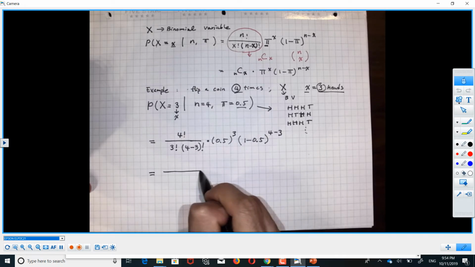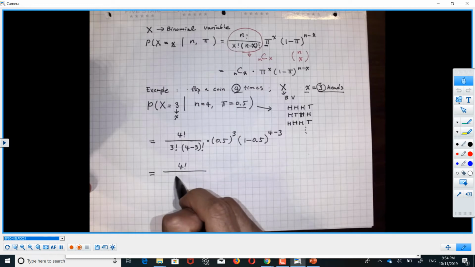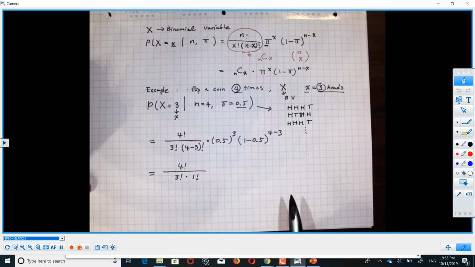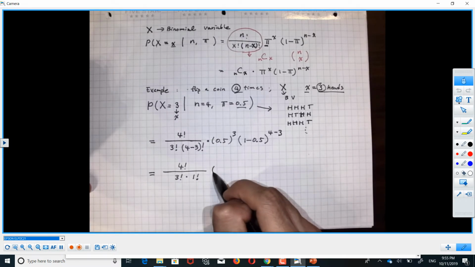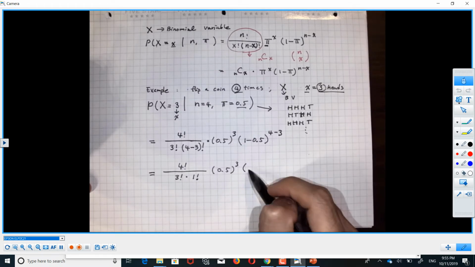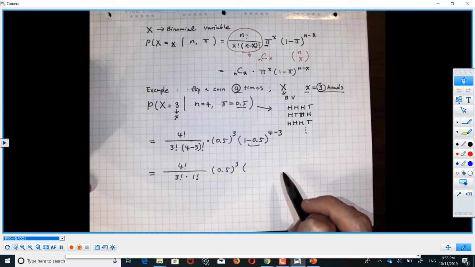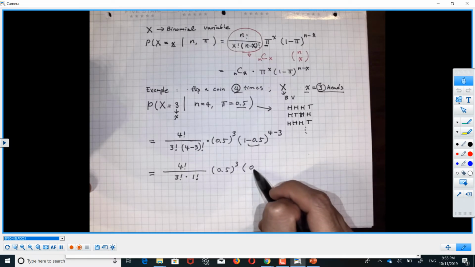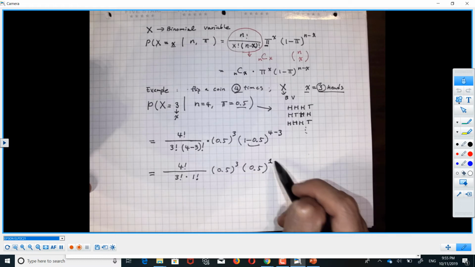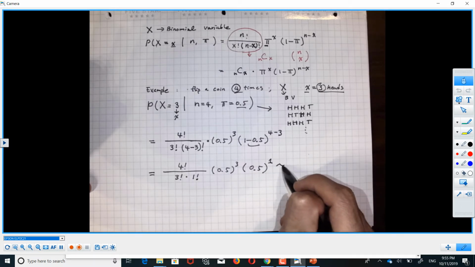And then 1 minus pi, and n minus x, right? So that is 4 factorial over 3 factorial times 4 minus 3, which is 1, so 1 factorial. By the way, 1 factorial is just 1. And then 0.5 cubed, and then 1 minus 0.5 is just 0.5, and 4 minus 3 is 1, so it's to the power of 1.